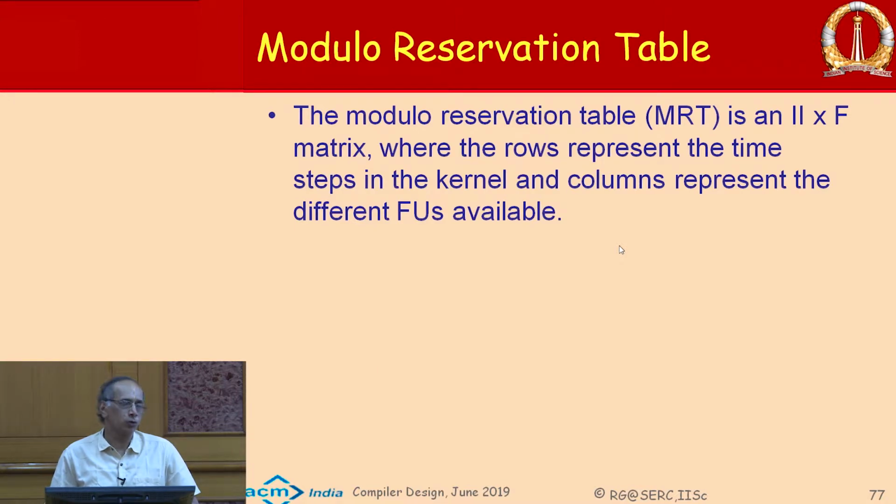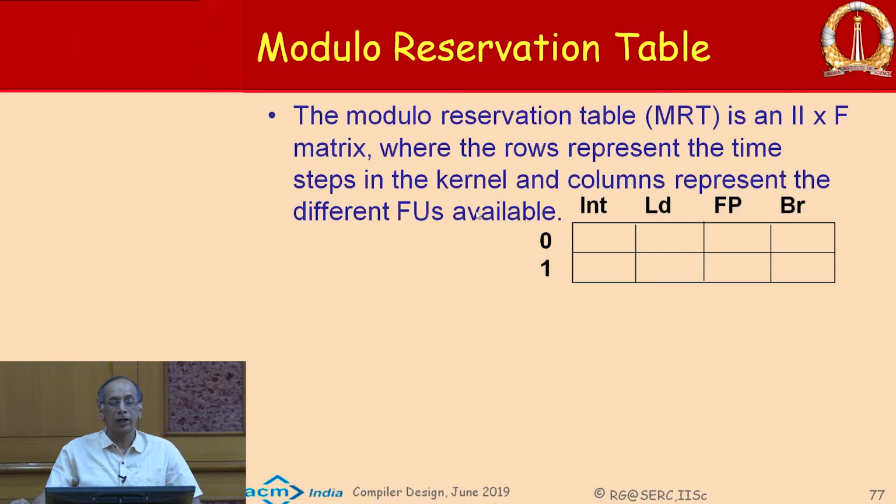The number of rows should be equal to the initiation interval, because you are only talking about a schedule of length II. So, this modulo reservation table is of II rows and F columns, where F is the number of resources that you have, and it essentially talks about whether a particular resource is being used in that particular step in the modulo schedule.